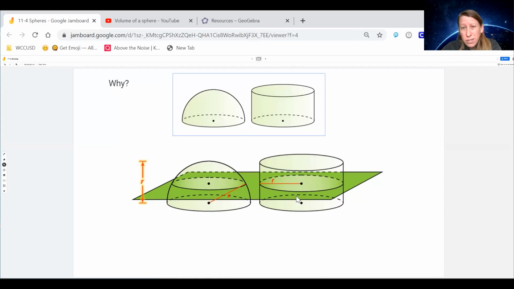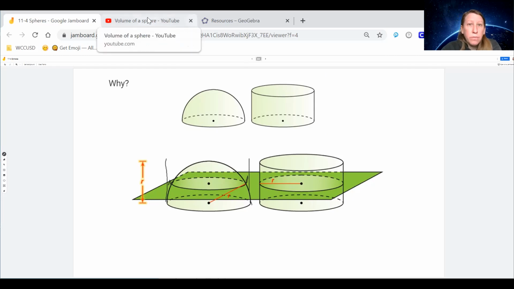The cylinder is going to be bigger than this circle slice, because this circle slice is missing, if it was out here, it'd be missing this part out here and this part out here. So right now, this circle is bigger than this circle. That's kind of important to understand.